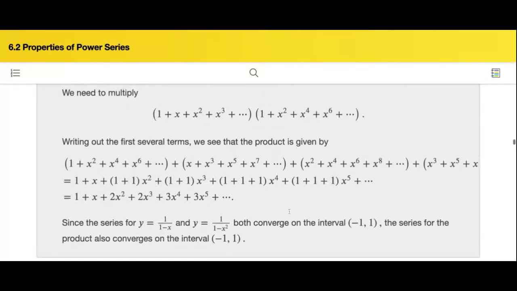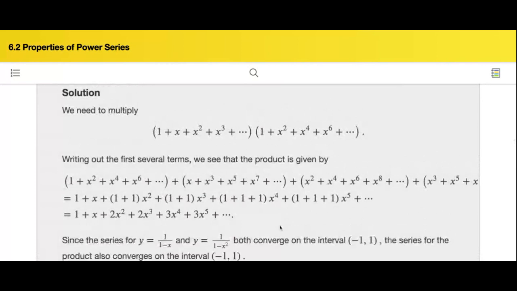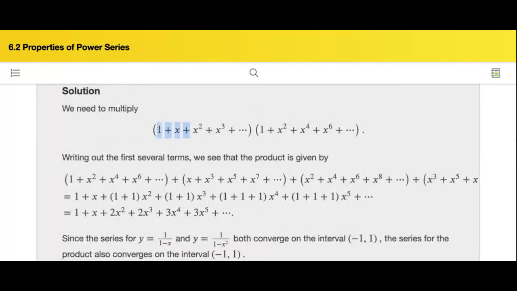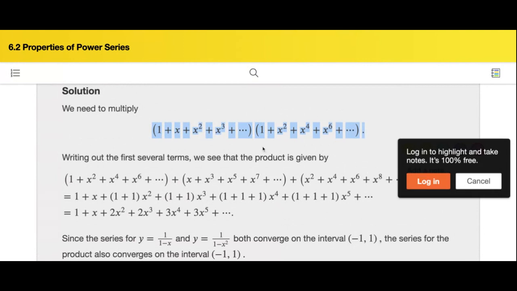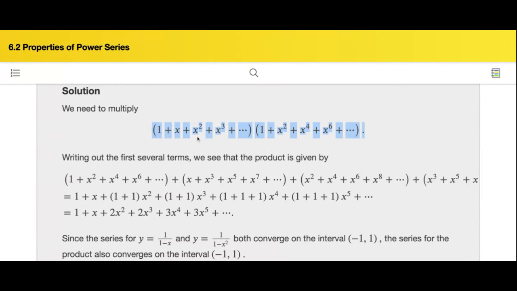All right, so that's it. Power series for 1 over 1 minus x, power series for 1 over 1 minus x squared. So 1 over 1 minus x times 1 over 1 minus x squared can be represented as a product of two power series, and the interval of convergence is a common interval of convergence for both of them.